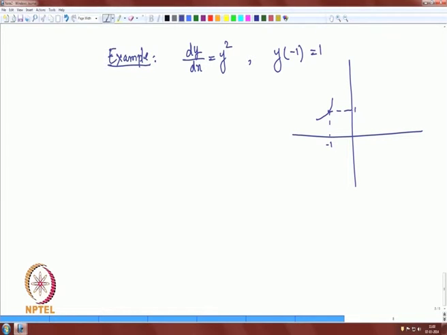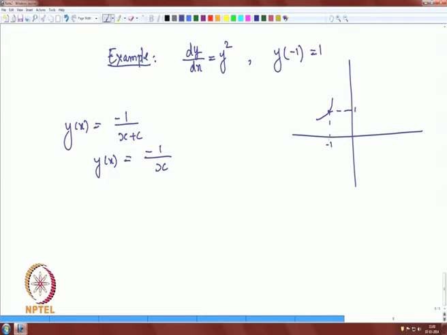And we know that the solution is y of x equal to minus 1 by x plus c, and putting the initial condition we get c is equal to 0, and the solution is y is equal to minus 1 by x.